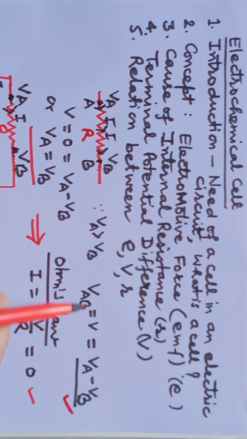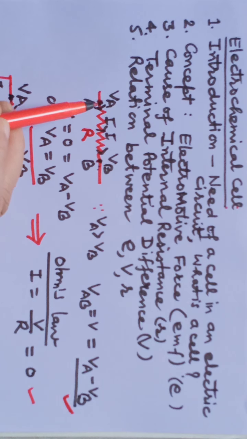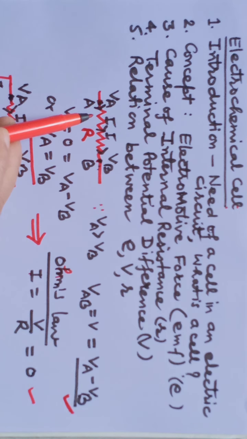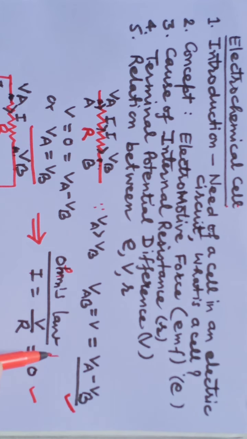Now the current flows through the resistor R according to Ohm's law. I is equal to V upon R. Now this current will flow till this V is not 0.